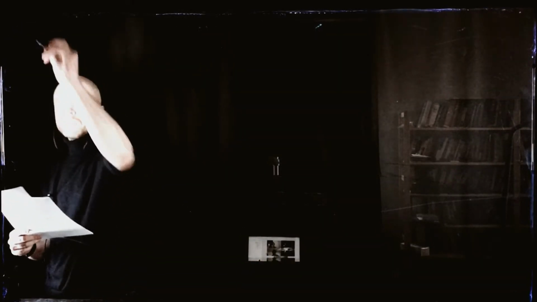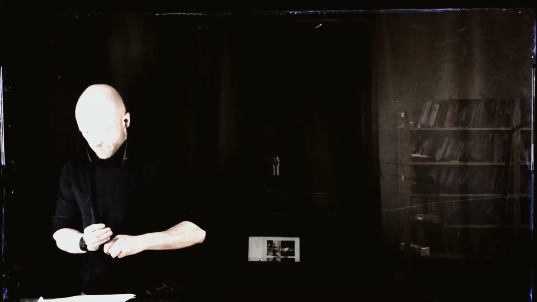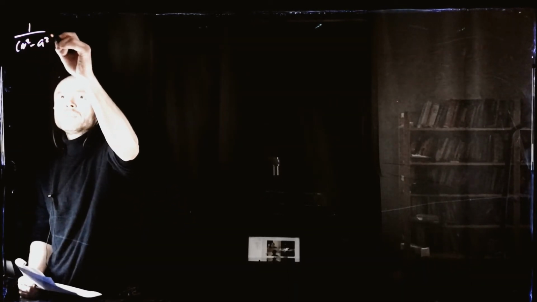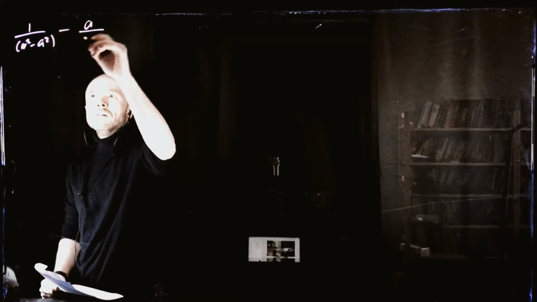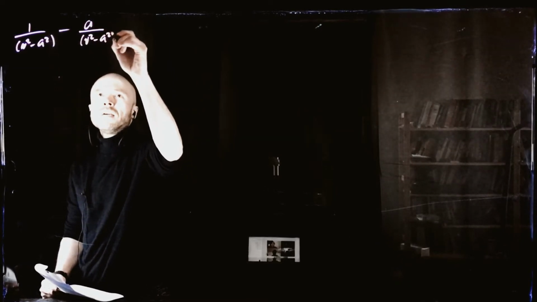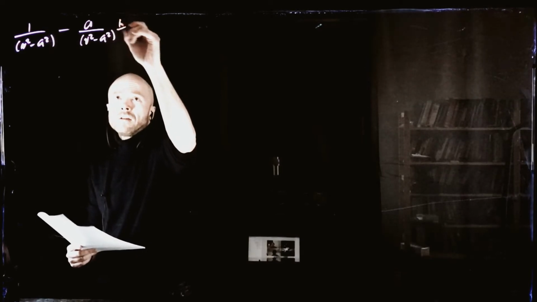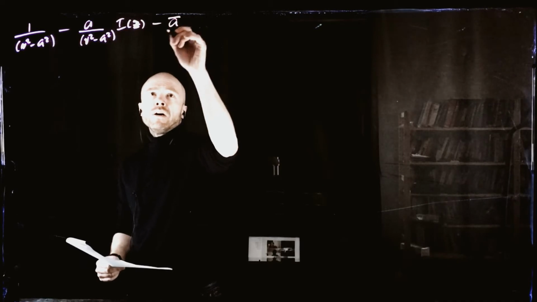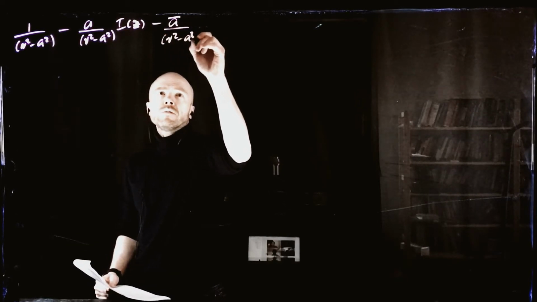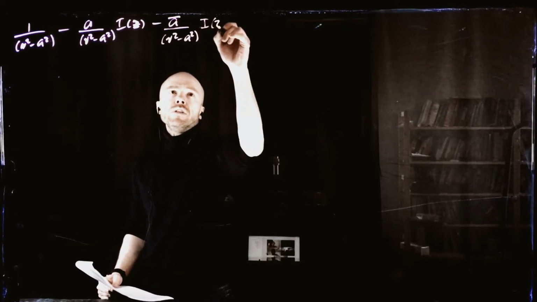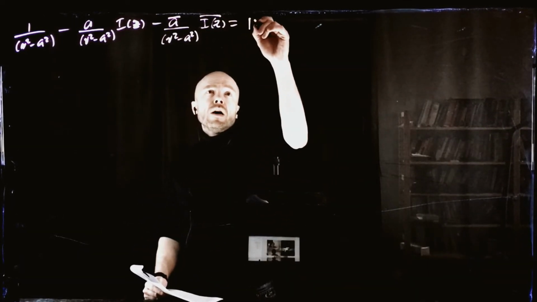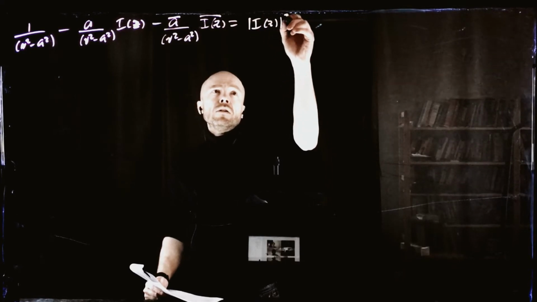So what we had was 1 over r squared minus mod a squared, minus a over r squared minus mod a squared times I of z, and then minus a bar over r squared minus mod a squared times I of z bar. Right, and then this is equal to mod I of z squared. This is where we were.